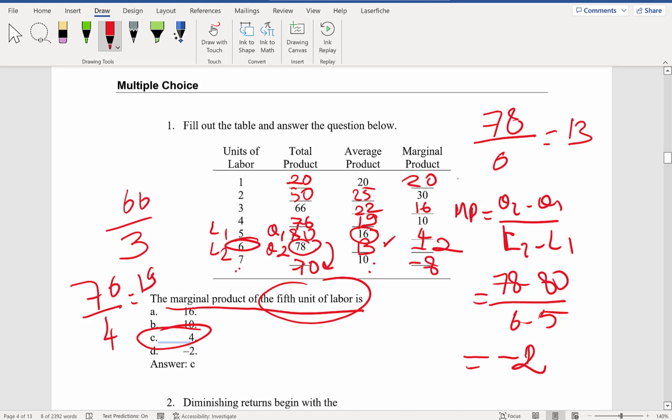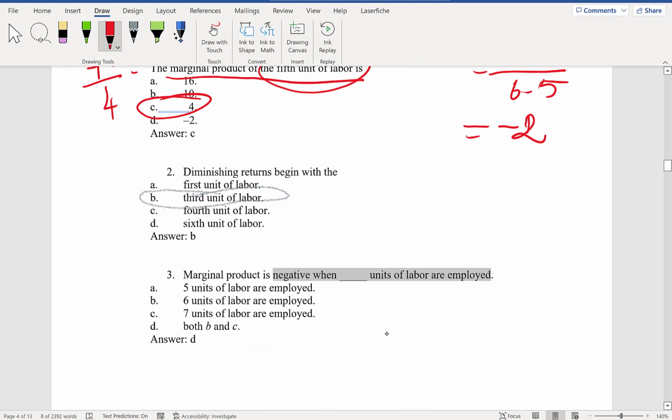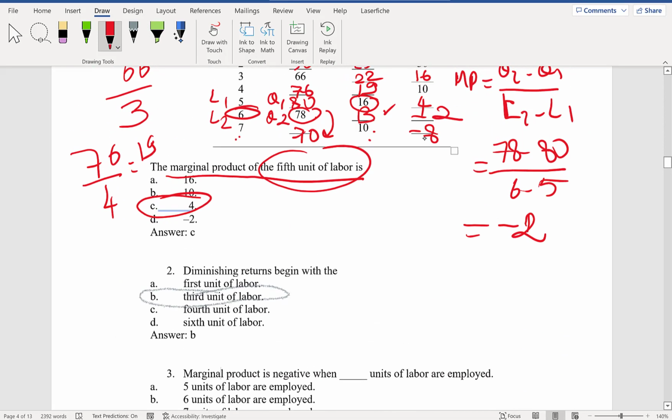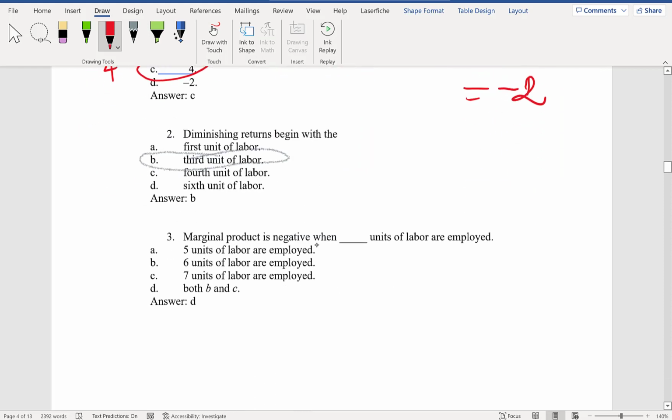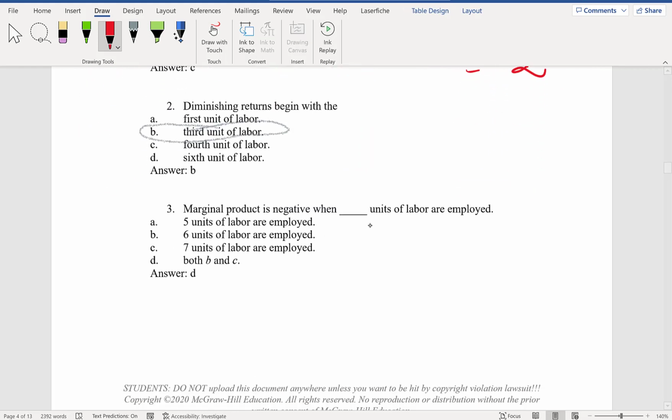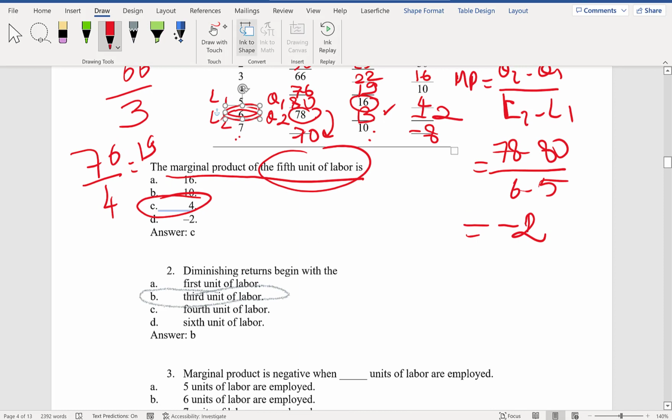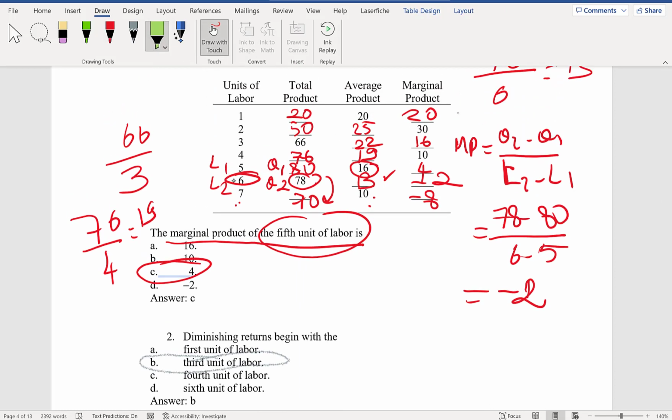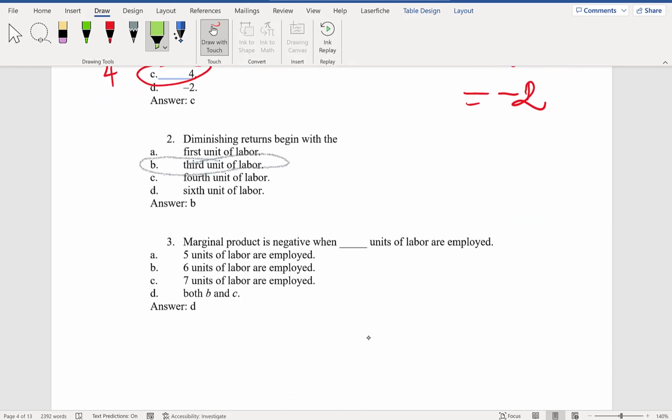Okay, diminishing returns begins with the third labor. Marginal product is negative once you hire 6 people, and it continues with the 7. So marginal product is negative right here, right? 6 labor and 7 labor negative. So 6 and 7. So D is the correct answer.